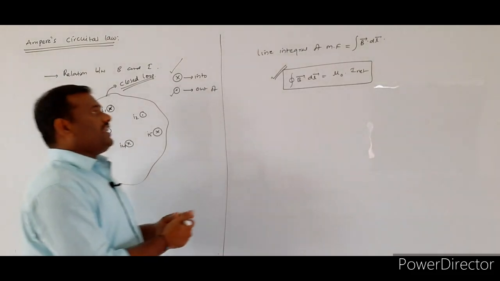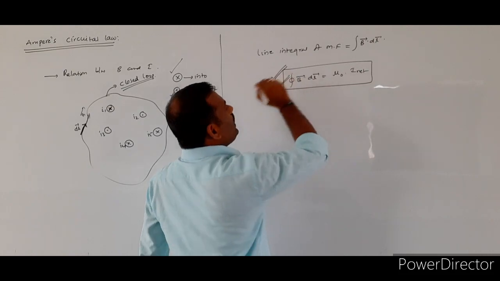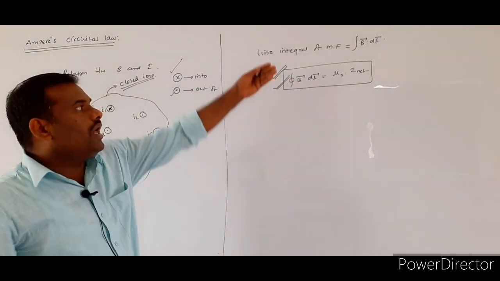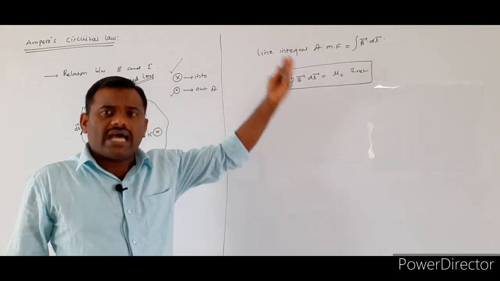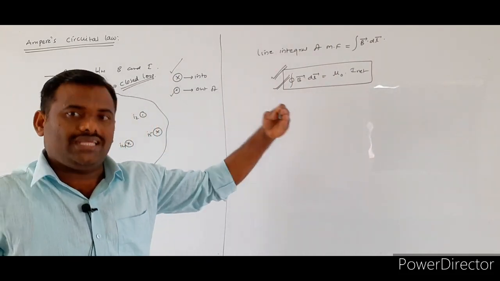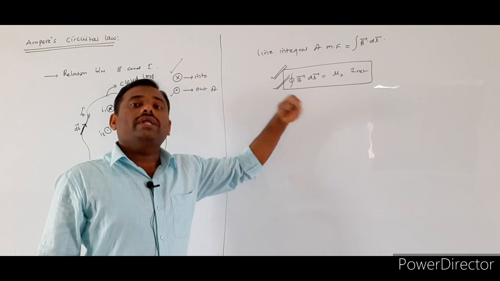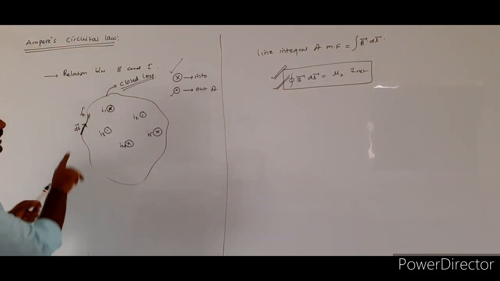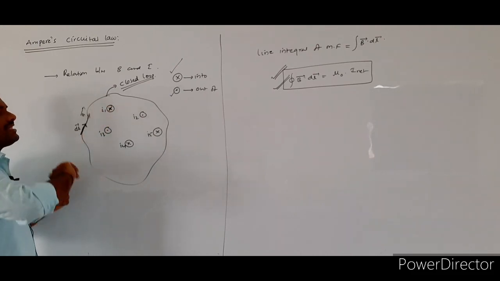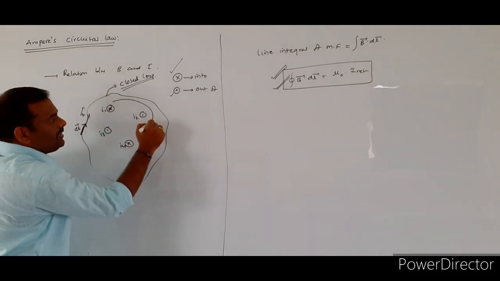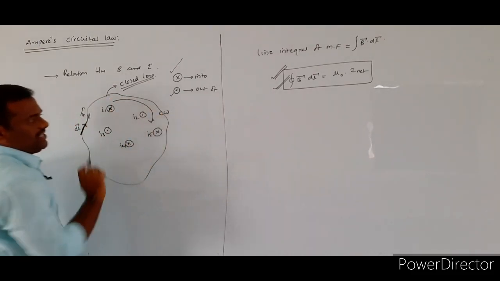in the direction in which you are going to add all the elements of B bar dot dl bar, or in which direction you are going to integrate. Simply here the direction is like this, means we have to curl the fingers according to this diagram in the clockwise direction.